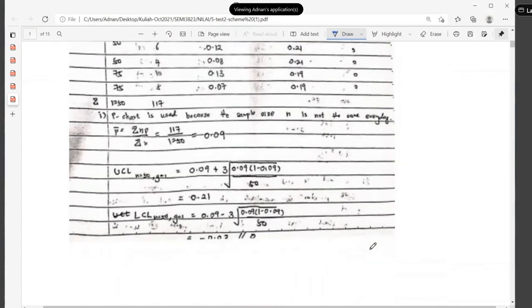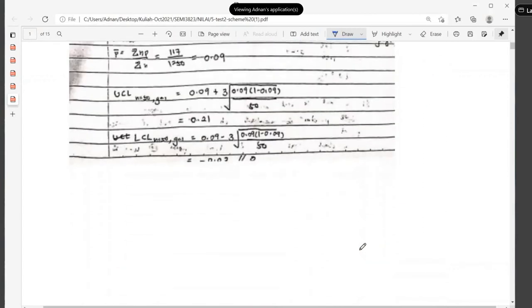Okay. So this is the formula that you use. This formula which is P bar plus 3 square root of P bar (1 minus P bar) over N. Formula will be provided lah, tapi you can understand lah how to use the soalan.